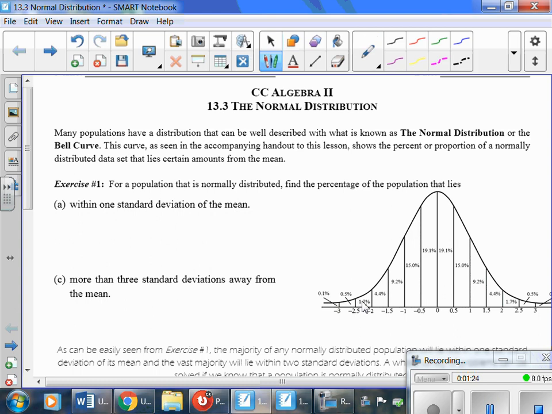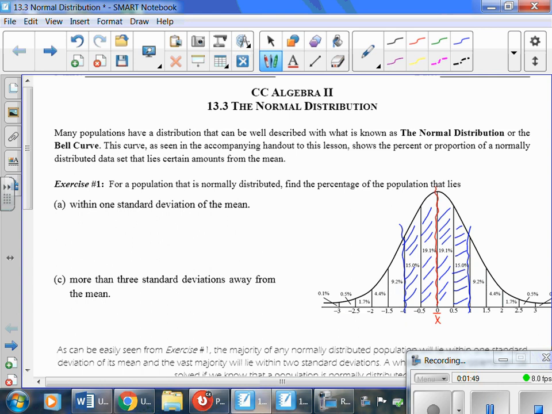Here's my mean, which is right down the middle, and within one standard deviation of the mean, we're looking from this point to this point. So we need to consider all the information in here, these percentages.